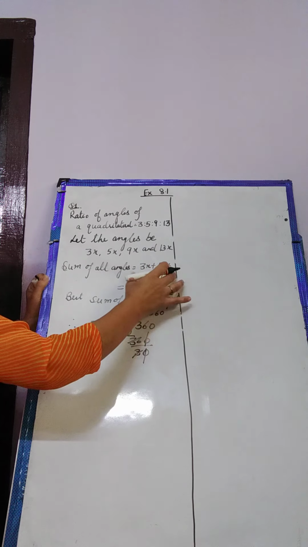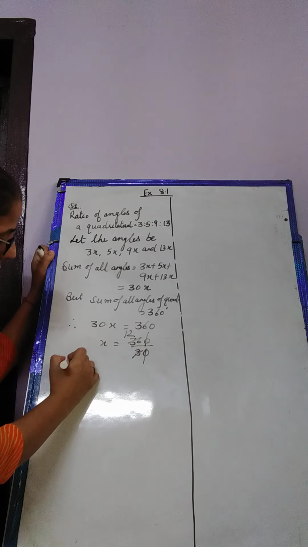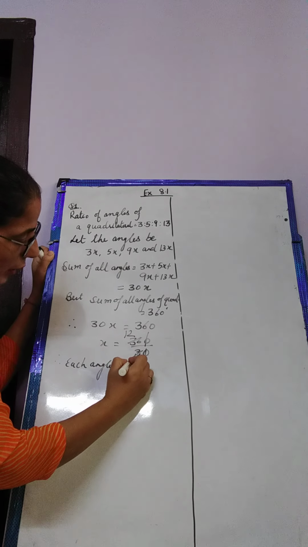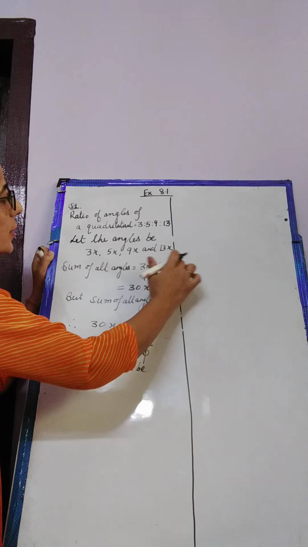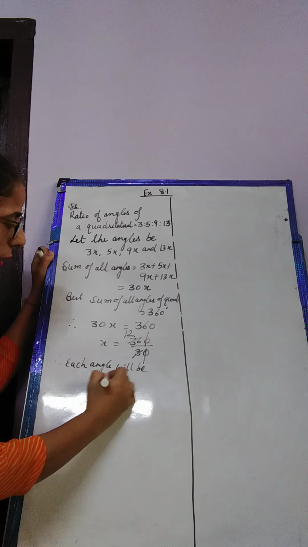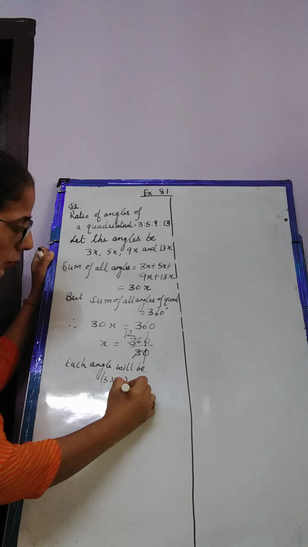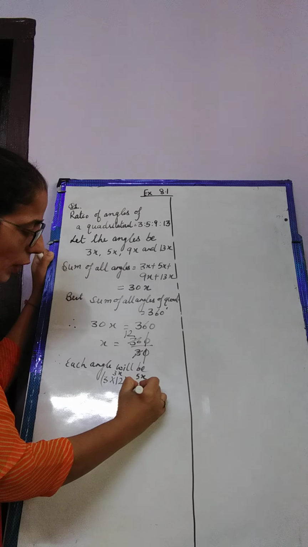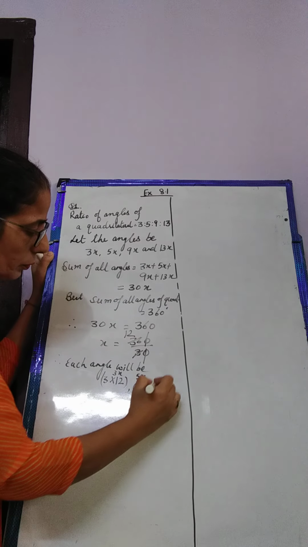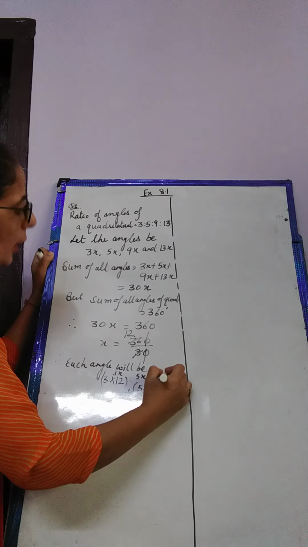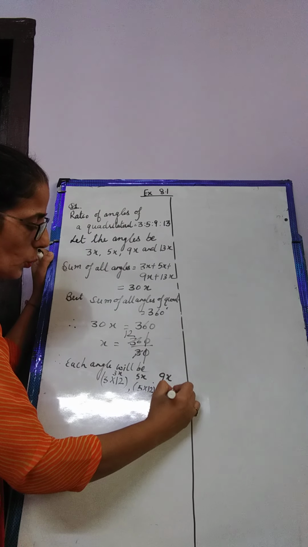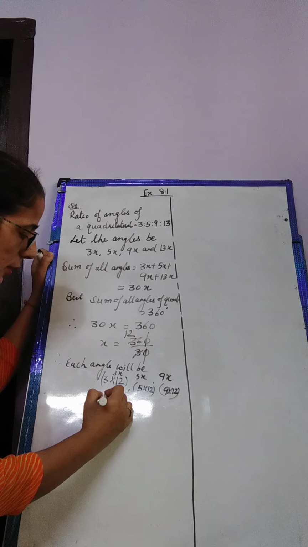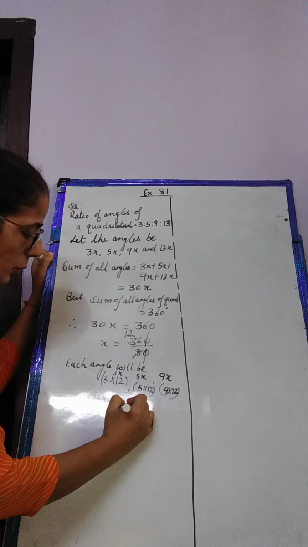If x is 12, then each angle will be, we are just putting the value of x in this: 3 into 12, 5x is 5 into 12, 9x is 9 into 12 and 13x is 13 into 12.